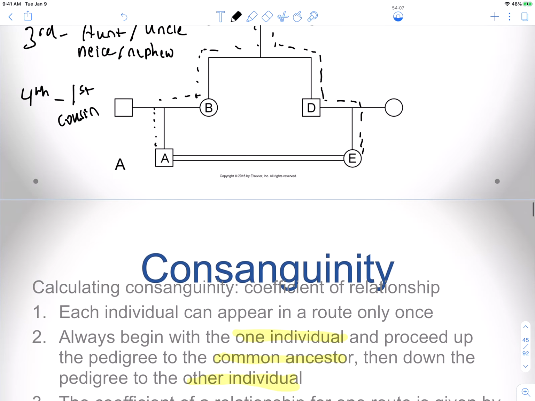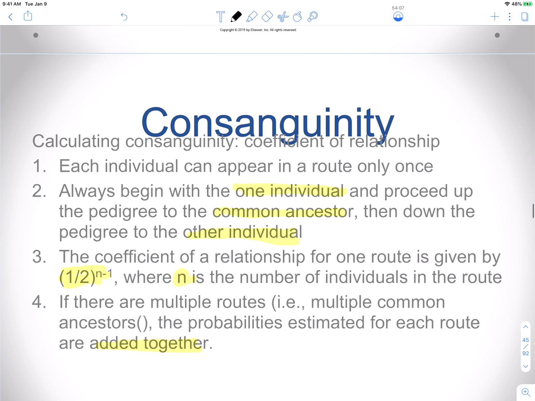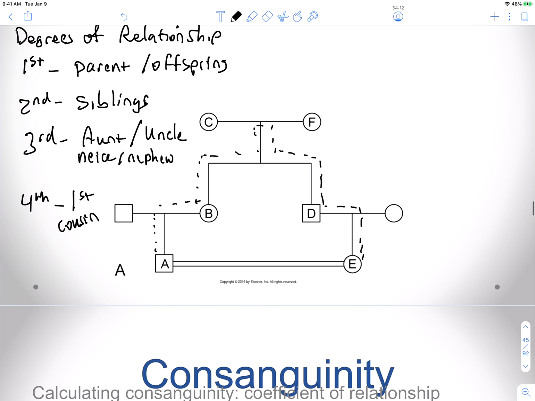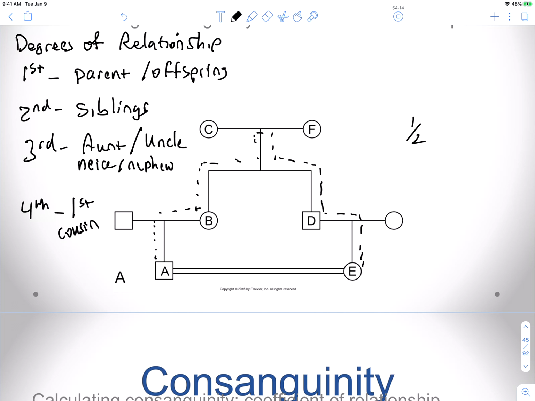And so your consanguinity is 1/2 to the n minus 1. Oh, sorry, is that 4? I should actually count 1, 2, 3, 4, 5. Sorry, 1/2 to the 5 minus 1. That makes sense. And so 1/2 to the 4th is what the coefficient of relationship is.